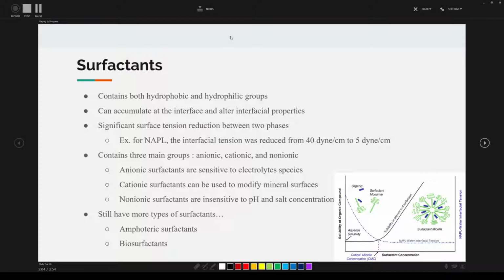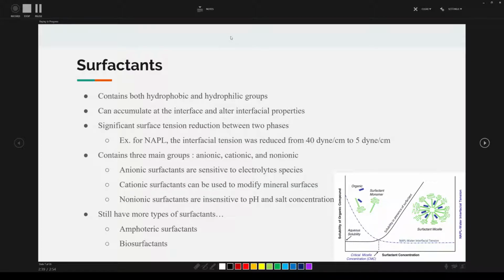The right side shows a graph about the surfactant concentration and the solubility of organic compounds, the behavior of the solubility of organic compounds in the treatment process. As you can see, at the critical micelle concentration, the solubility increases largely after this point, which means that the surfactants start to work and have effects on the organic compound.